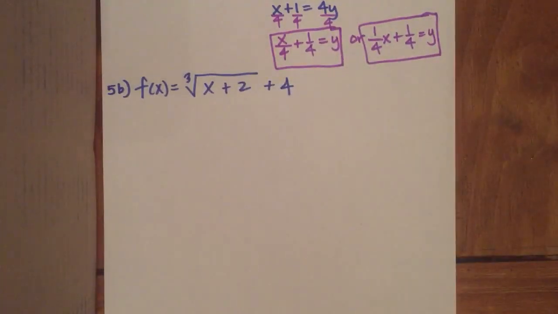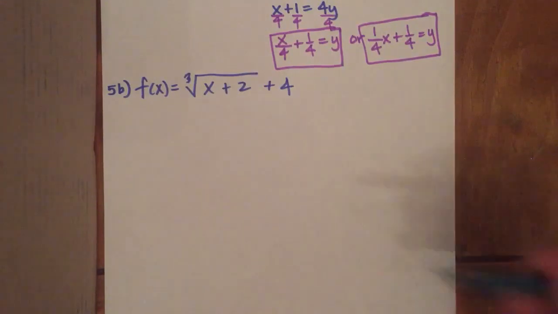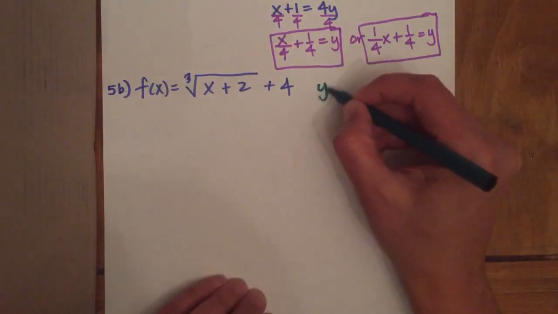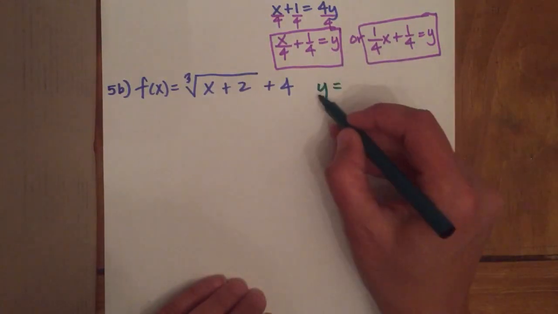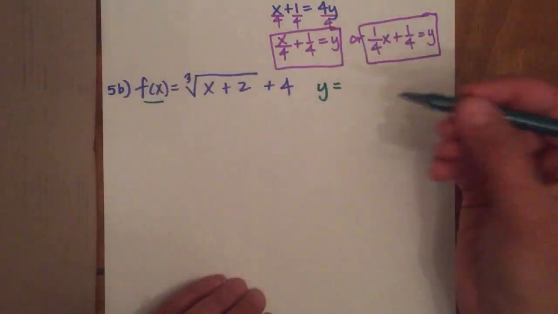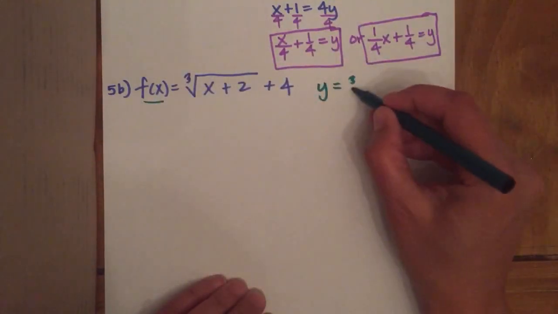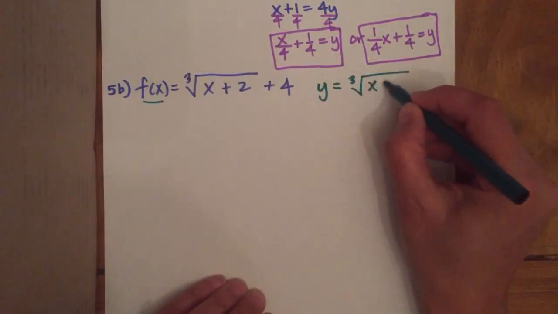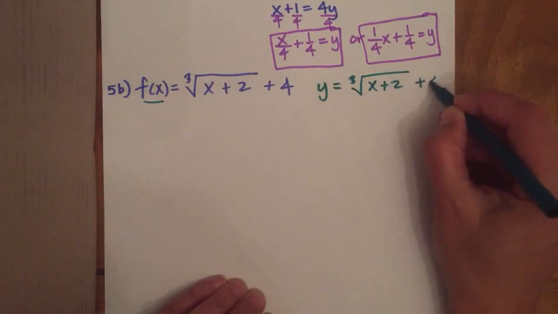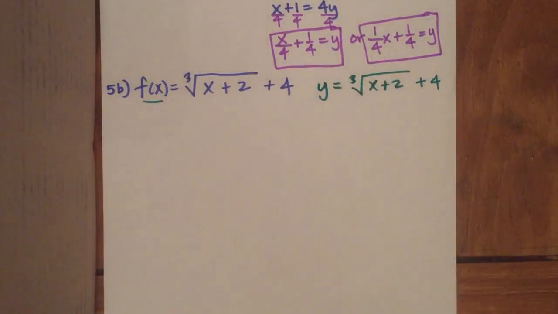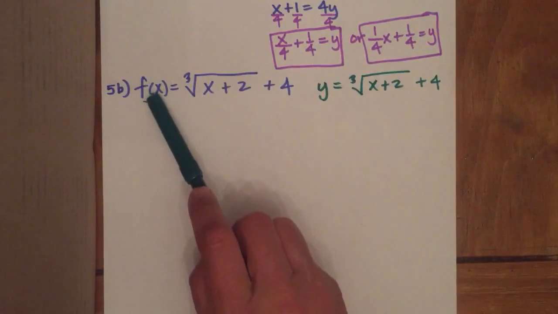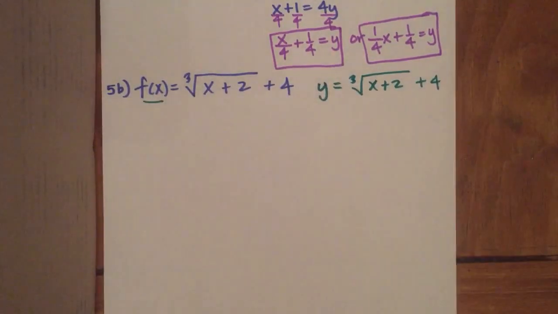I want to follow the same principle for this. I want to find the inverse of the function, which means I'm going to switch my x and y. So the first thing I want to do is rewrite this with a y instead of an f of x, just so it's easier for us to make that switch. I've rewritten the function, and all I've done is replace the f of x with y. Just a matter of terminology.